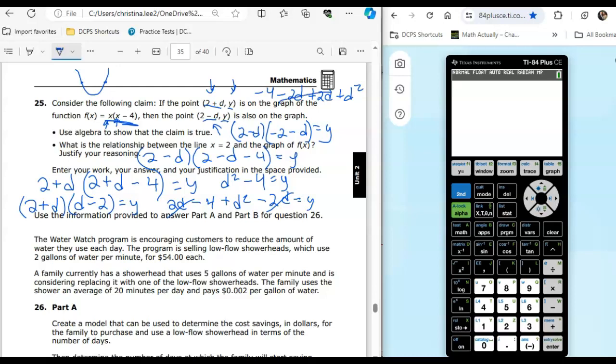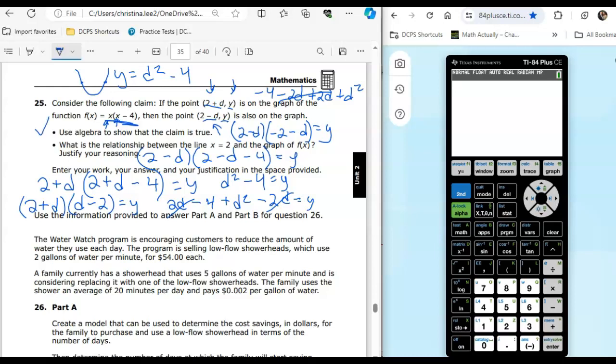And so once again, we're left with negative 4 plus d squared equals y, or d squared minus 4 equals y. So here, all you're doing is substituting in 2 plus d as x and 2 minus d as x, and showing that y equals d squared minus 4 in both scenarios, which means that those must both be points on the graph.